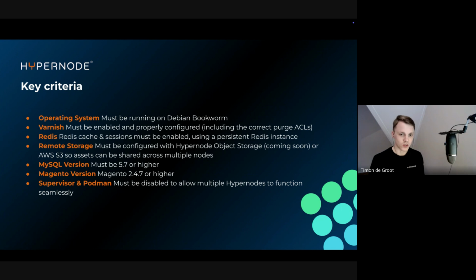The first one, of course, is the operating system. We made the Debian Bookworm, Debian 12 operating system available last year in April. A lot of customers have been migrating, but not everyone has so far. I really advise to do the upgrade.